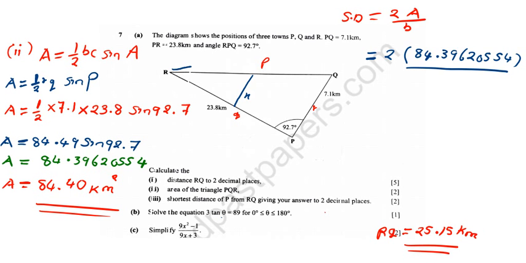My base I found to be that value. For the base, I'm substituting 25.154 921, the one I didn't round off. So when I multiply 2 times 84.396205554, I'm getting 168.